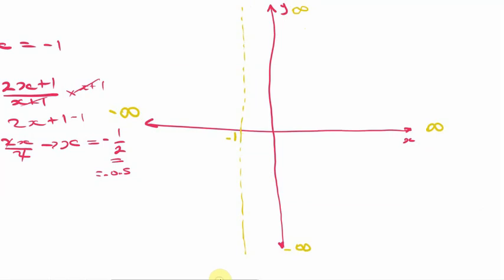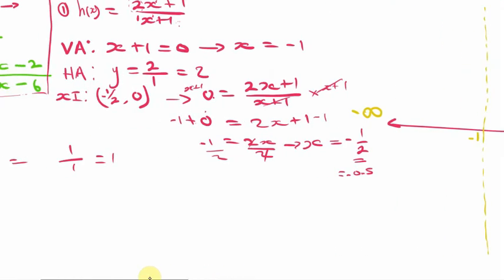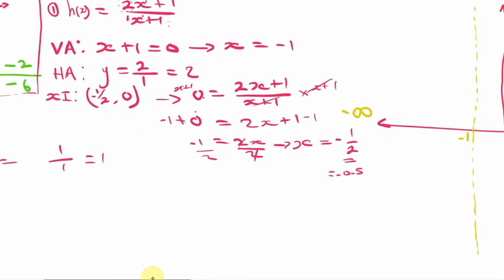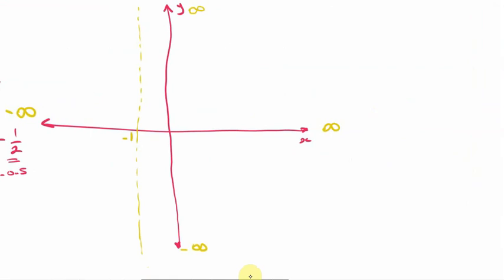What other points do we know? The horizontal asymptote is at 2, located at y equals 2. Put it somewhere there. Right.